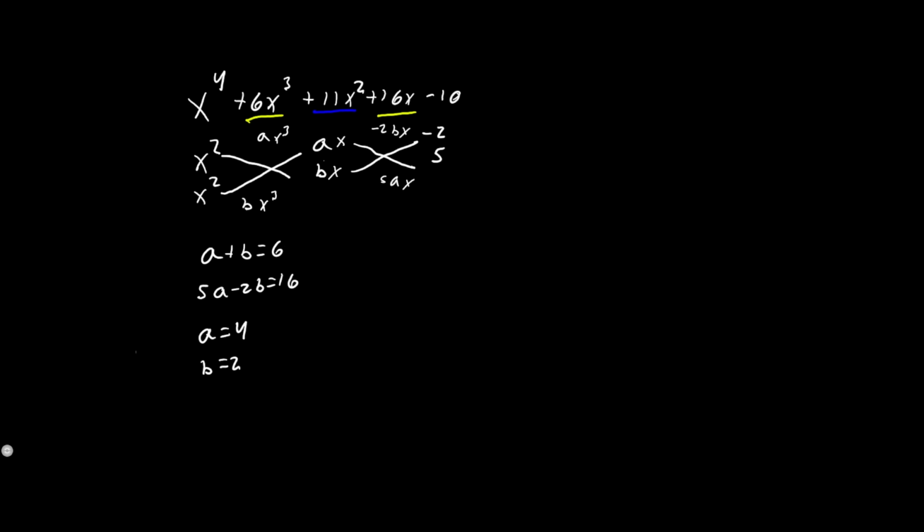So now we can go ahead and multiply ax and bx, giving us 8x squared, and multiplying x squared times negative 2, giving us negative 2x squared, and plus 5x squared. So here we have 8x squared plus 3x squared, which is equal to 11x squared, giving us our 11x squared.